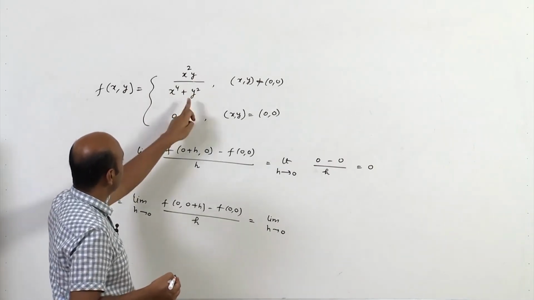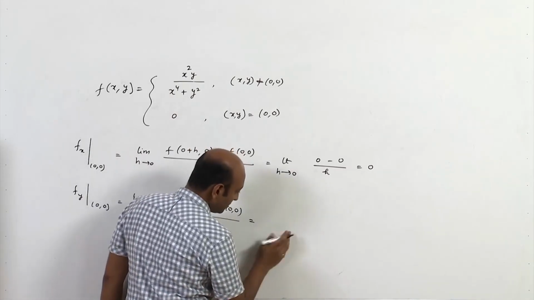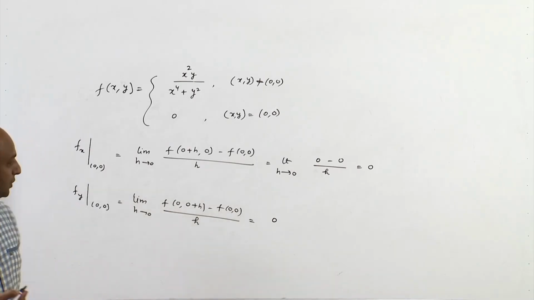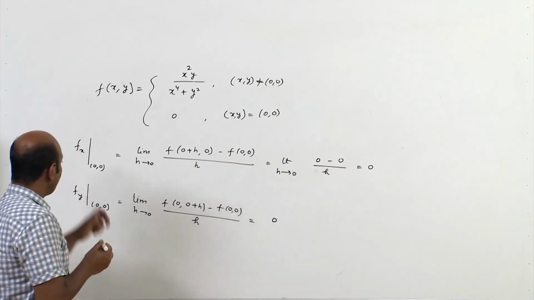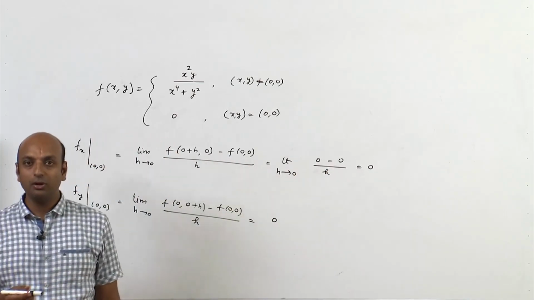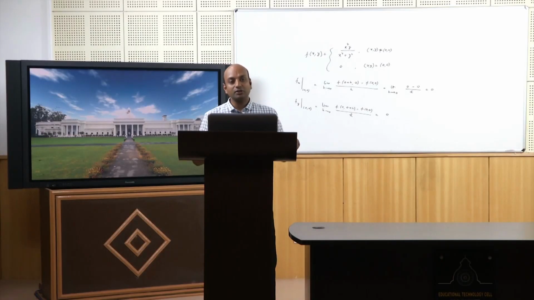So, this value will be 0, 0 minus 0 upon h, it is again 0. Okay. So, f x and f y exist at origin, and the value is 0, but we have seen that this function is not continuous at origin.